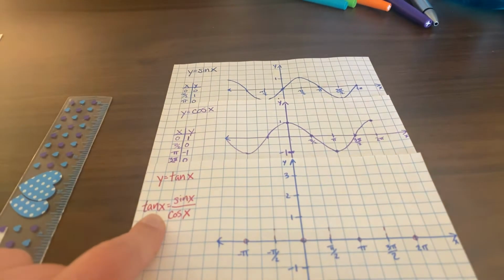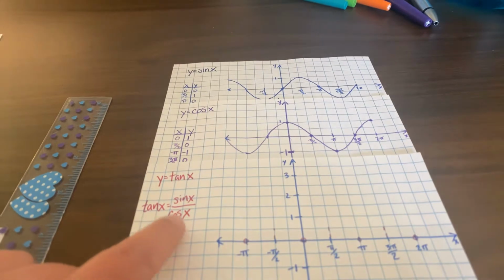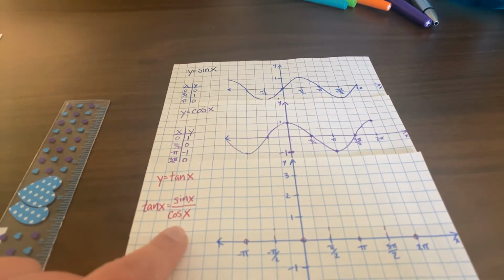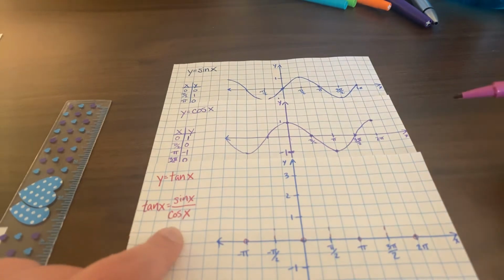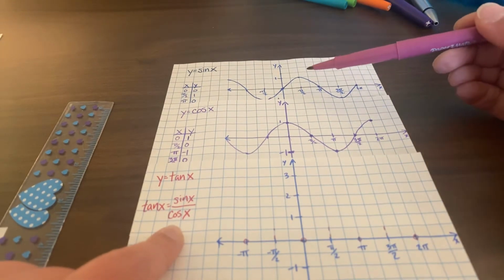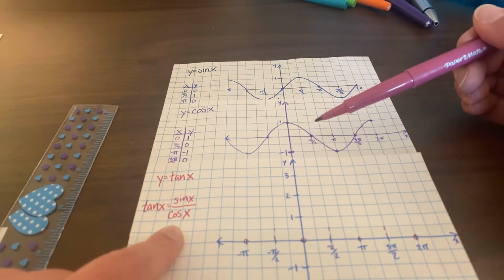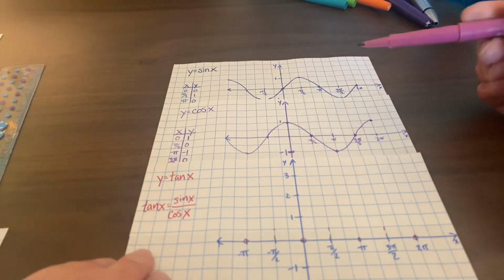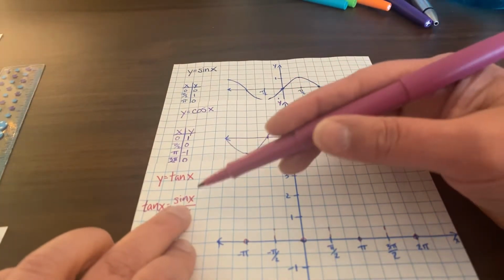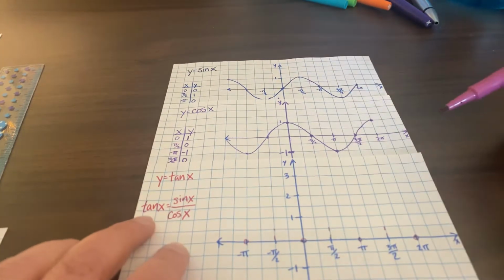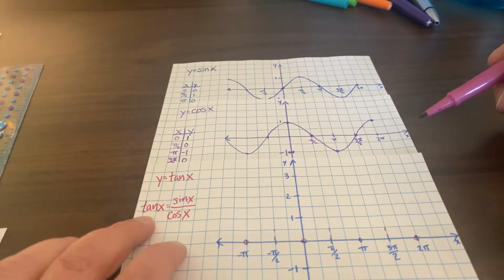You may not have heard this yet, but tangent of x is equal to sine of x over cosine of x. And so when we're graphing it, we want to consider the graphs of sine of x and cosine of x, right? So when the sine function is 0, the tangent function will be 0.